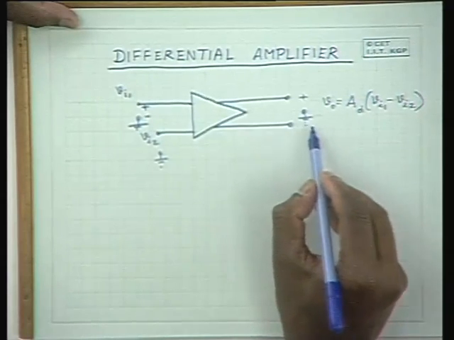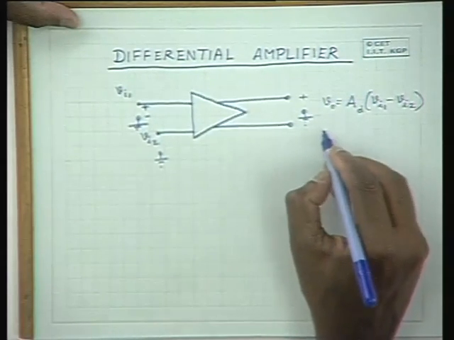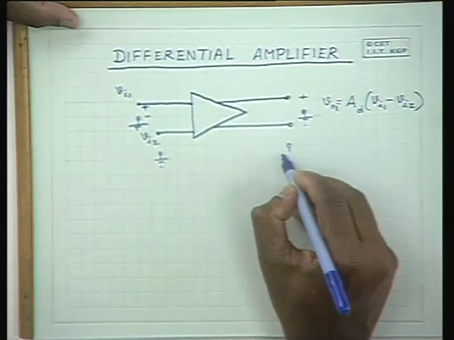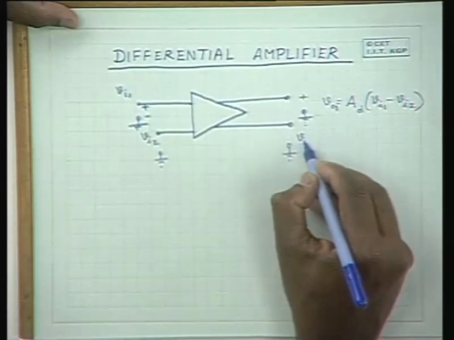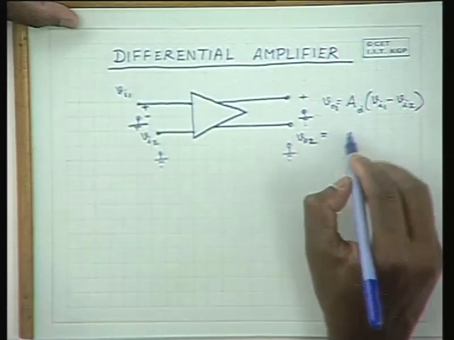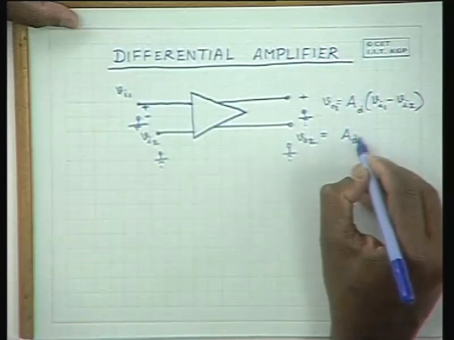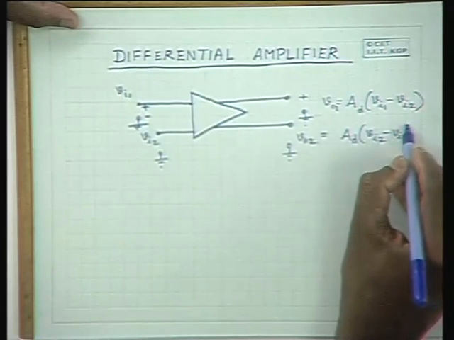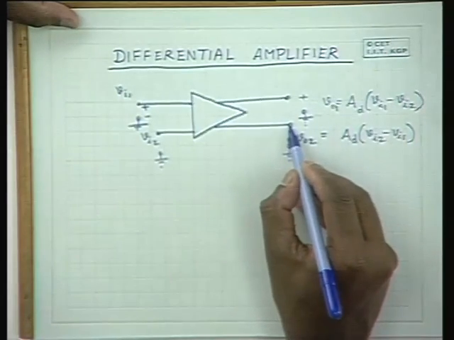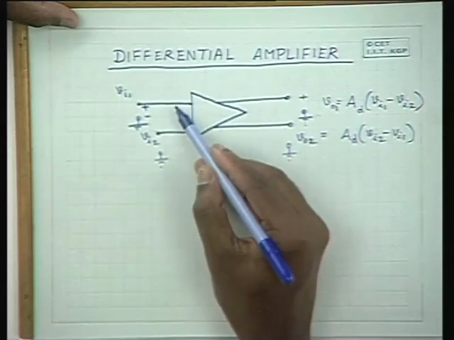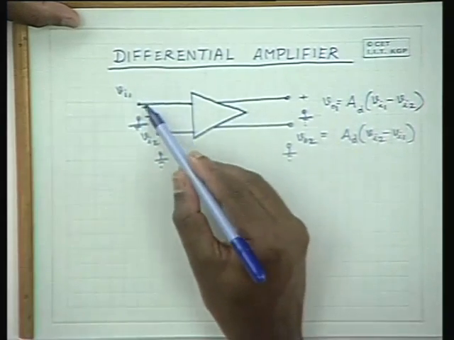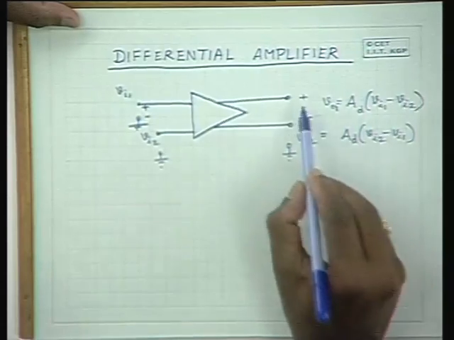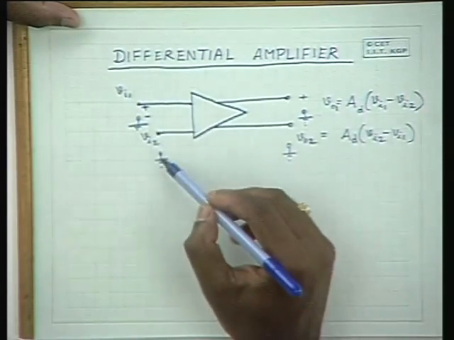At the other output terminal, you get the opposite of this. If this is VO1 and you denote this as VO2, then VO2 is AD times Vi2 minus Vi1. That means at this output you will get an amplified version of Vi1 minus Vi2 with an opposite sign, and here you will get the amplified version of Vi1 minus Vi2.